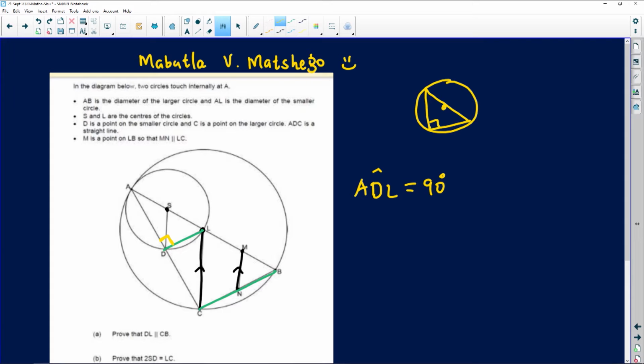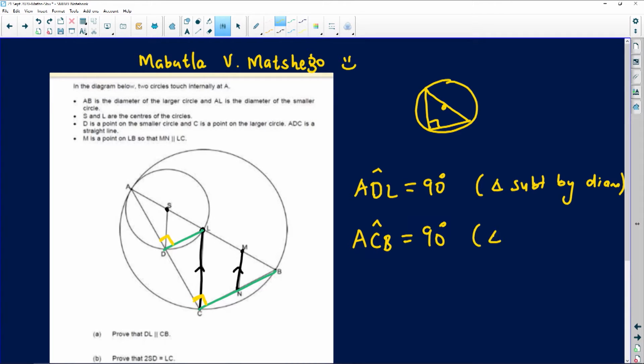Why am I saying that? Well, this is an angle subtended by a diameter. Which diameter is that? That's the diameter AL. But even the other one, angle ACB, the one at the bottom here, is also subtended by the diameter AB. So ACB will also be 90 degrees.